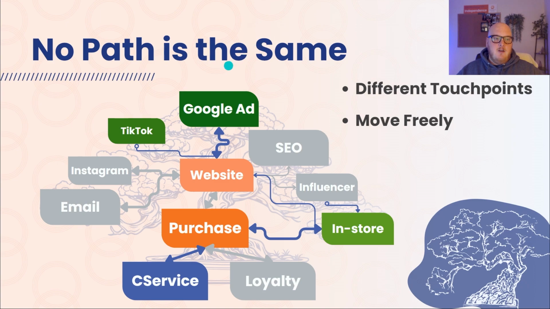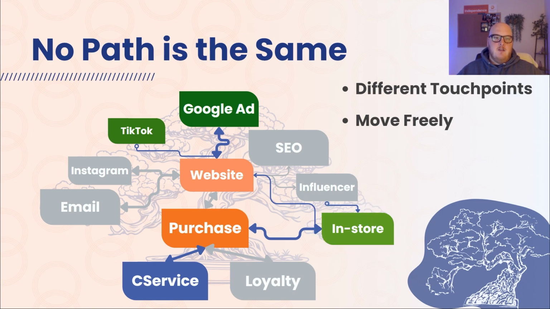So what we're looking at here is just highlighting a path or two of how customers are interacting. So maybe they're coming through Google Ads, but they're also interacting with TikTok, the website, purchases, and then they also have customer service. So these could be the different touch points that this person is interacting with. And also here we have the in-store, so maybe they repurchased in store.